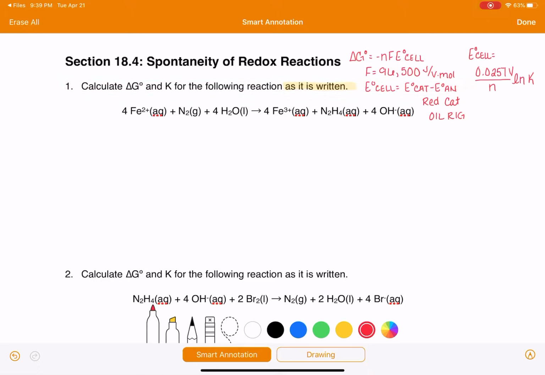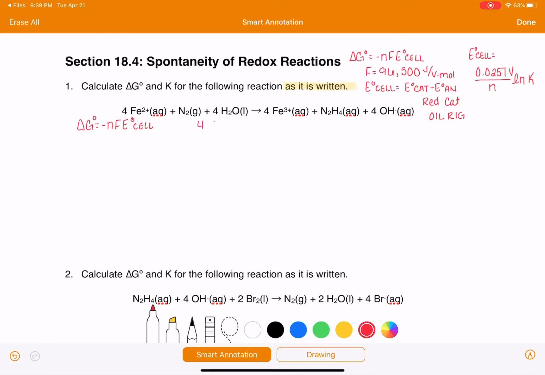So here we go. We're going to start with our delta G calculation, and we should head right over to our table of half reactions and find not only the number of electrons being exchanged in these half reactions, but also the voltages that we need.